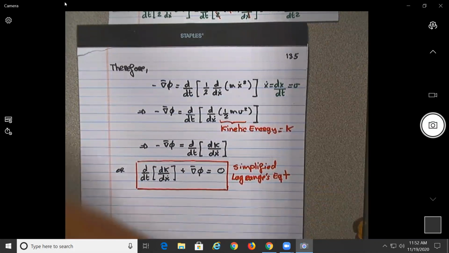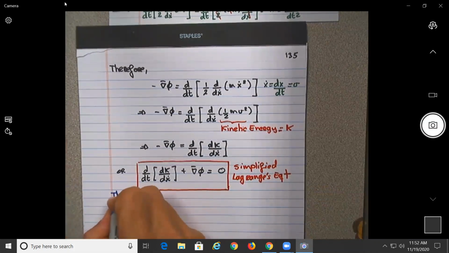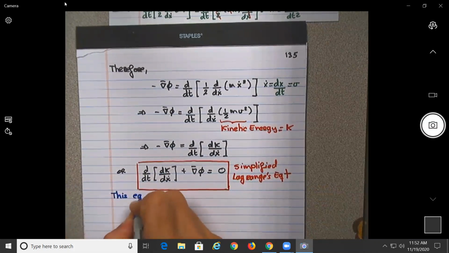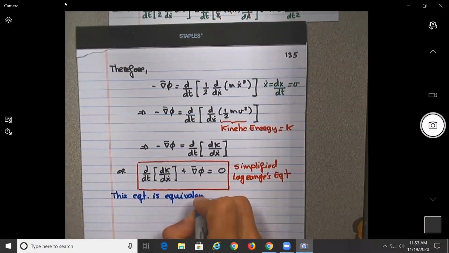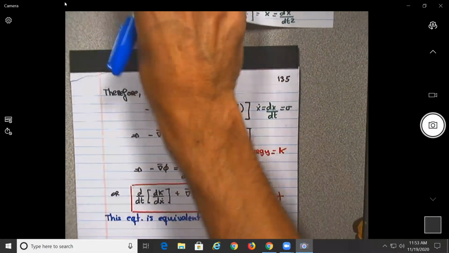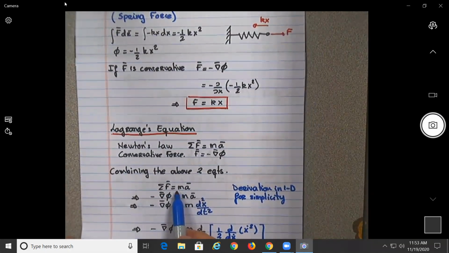Okay, so the important part to understand is that this equation is equivalent to which equation? Summation of forces equals to MA, no?